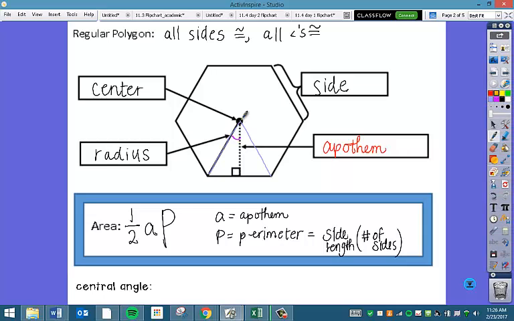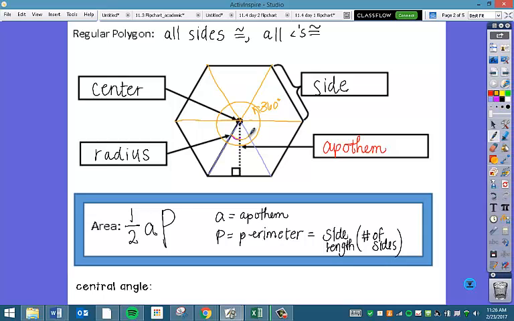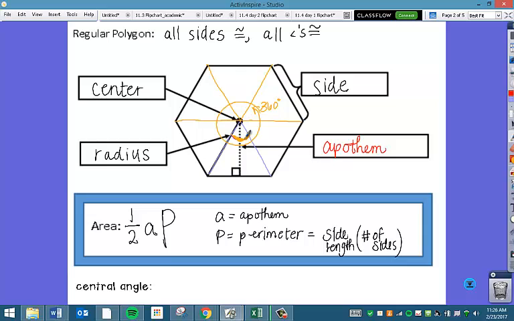So if you think about it, I have all of these radii. So I've just created a bunch of congruent triangles all the way around. That's 360 degrees. And so if I want to figure out the measure of just one of those angles, I'm going to take 360 degrees and divide it by the number of sides.